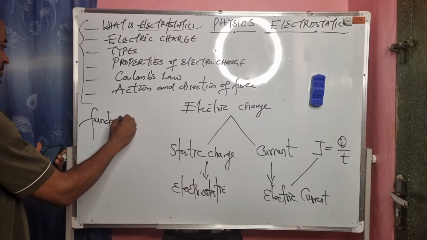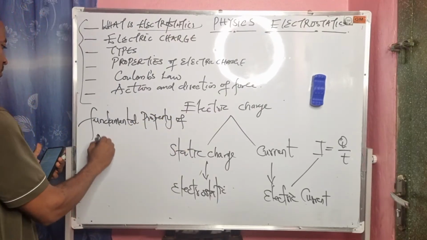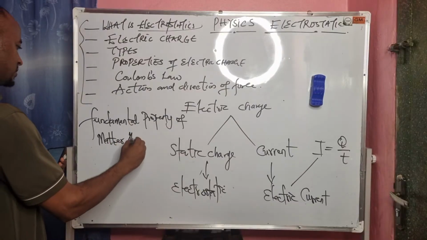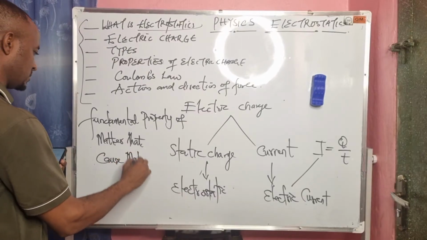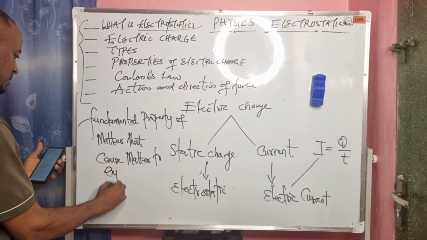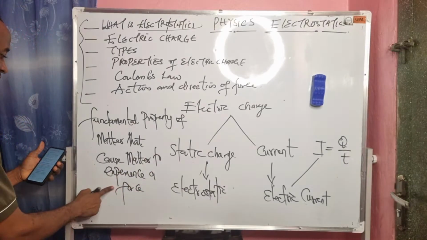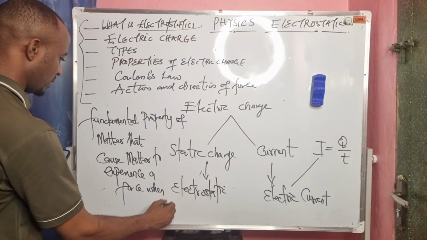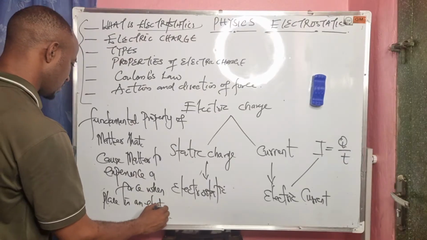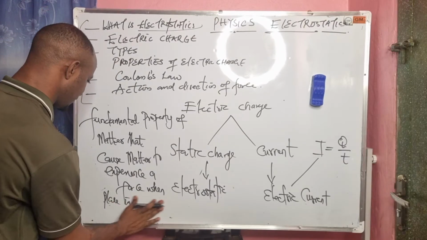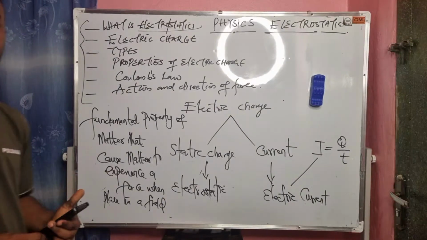It is a fundamental property of matter that causes matter to experience a force, which is electric force, when placed in a field, or when placed around a charged matter.